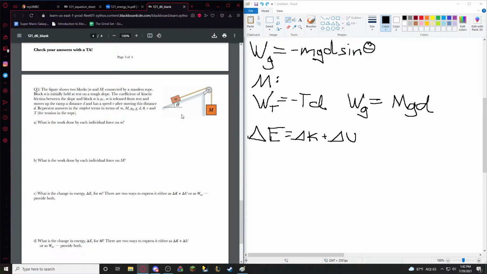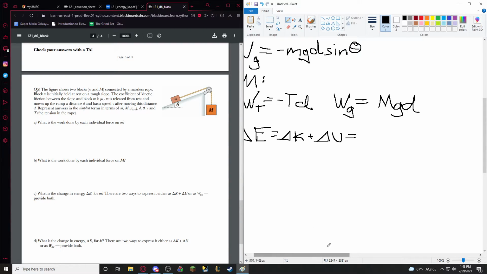The initial kinetic energy should be 0. Exactly. We're starting at rest. So, what's the final kinetic energy? 1/2 mv squared, and we're given v, so that would be as far as we could simplify it. Yep, exactly.